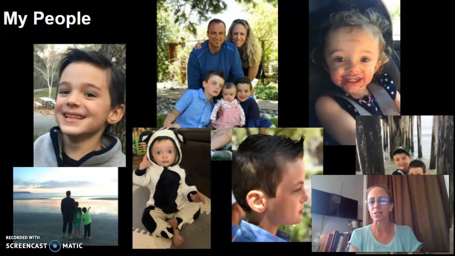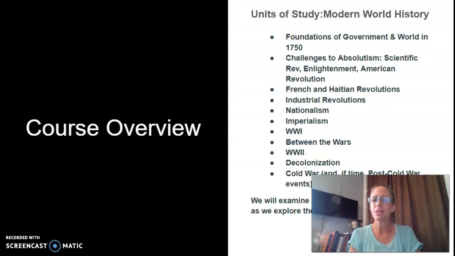And now about the course itself. Basically, world history is going to be primarily focused on modern world history from 1750 on. We do a unit right now at the beginning, setting an understanding and foundation for political science or government. And then we're going to be really examining in depth world history from 1750 on.